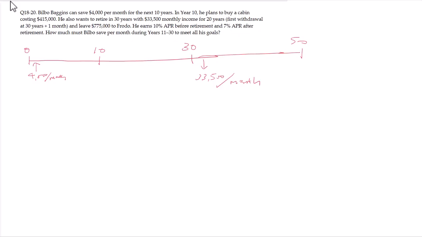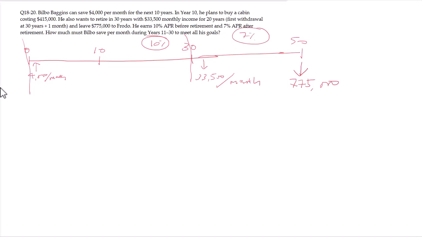this is an ordinary annuity. And in addition to that, what he wishes to do is to withdraw and leave $775,000 for Frodo. And let's say the interest rate before retirement would be 10%. So in this stage, the APR is 10%, and post-retirement APR is 7%.